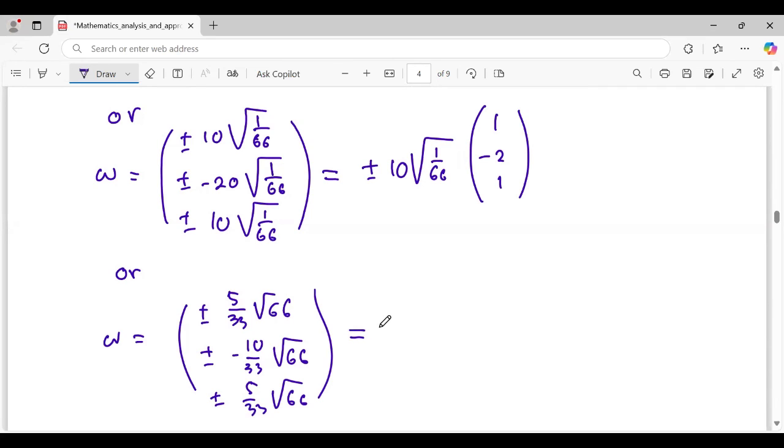Or it is plus or minus 5 over 33 square root 66 times (1, minus 2, 1). Okay.